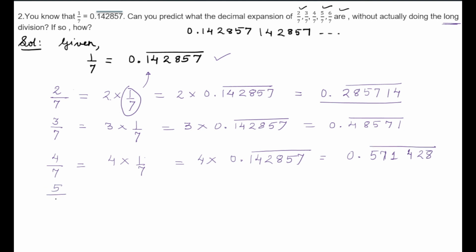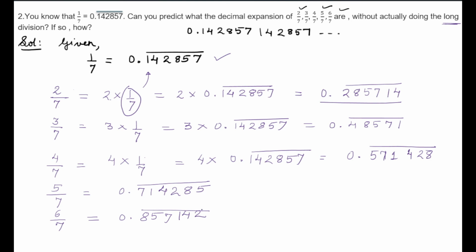Likewise, for 5 by 7, the value would be 0.714285, and lastly 6 by 7, multiplying the whole number by 6. Don't forget to put a bar over it, and it is 0.857142.